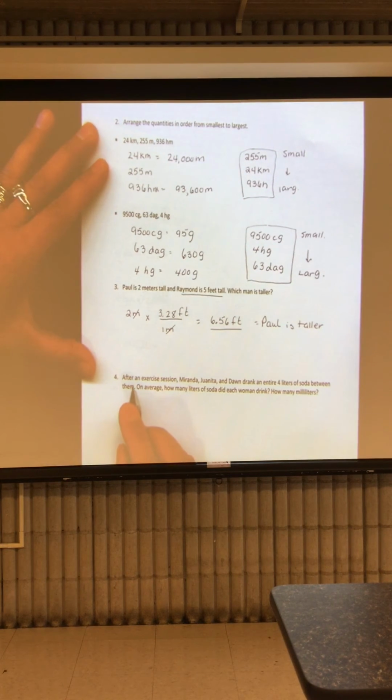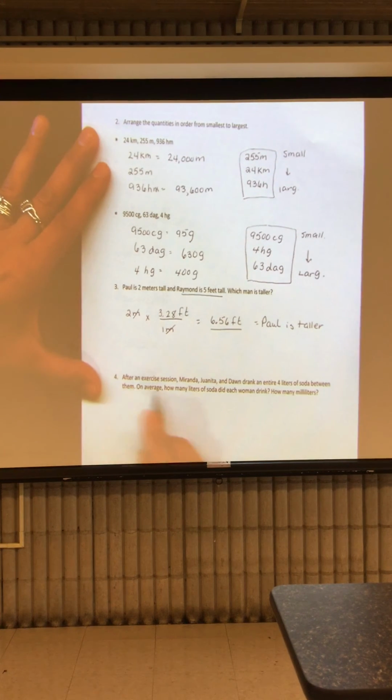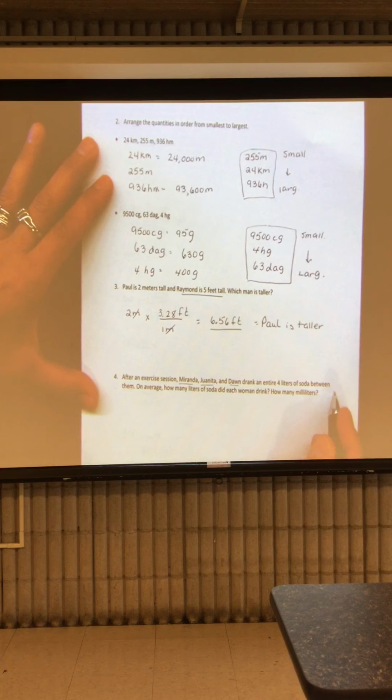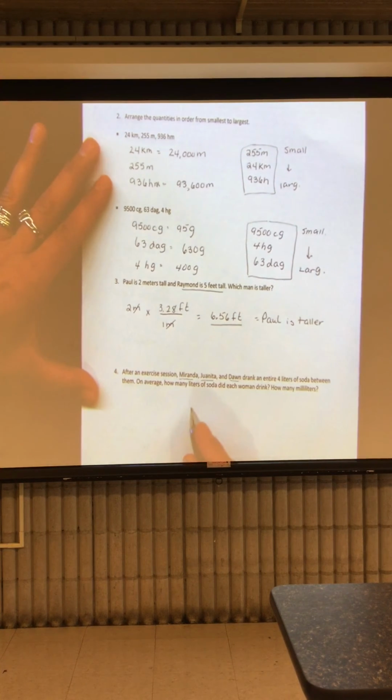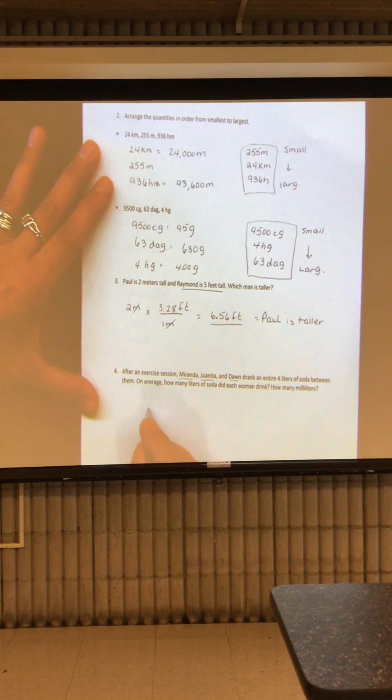Number 4, an exercise session with Miranda, Juanita, and Don drank entire 4 liters of soda between the 3 people. On average, how many liters of soda did each woman drink? We know that 4 liters were drank between the 3 people.